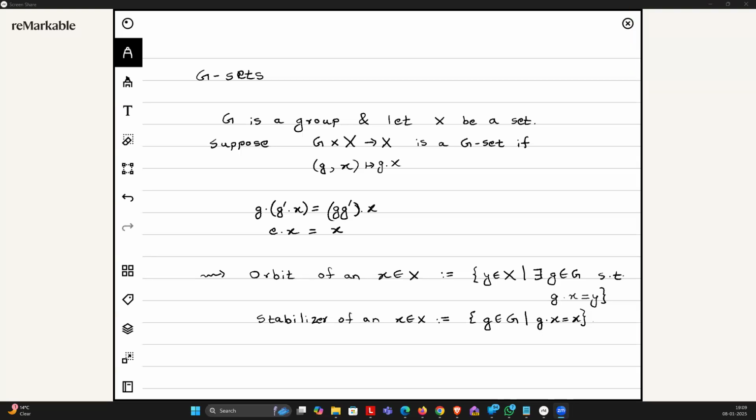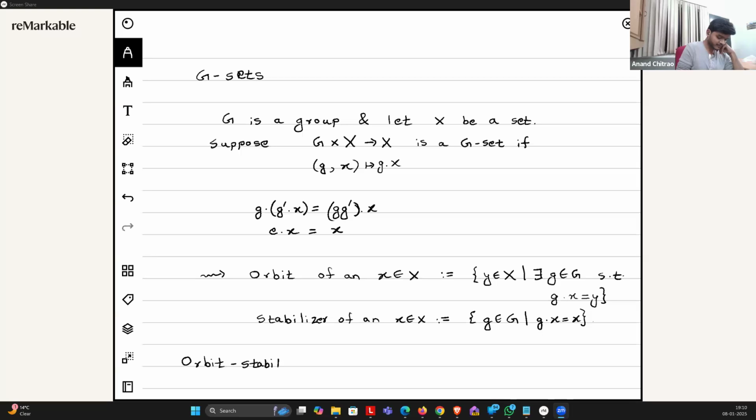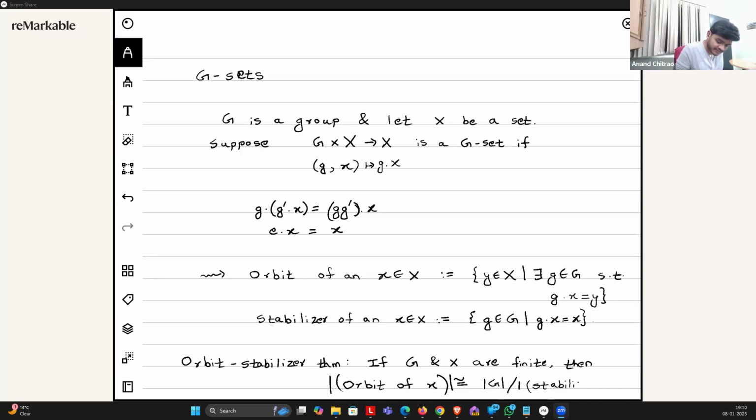Now the orbit stabilizer theorem says if G and X are finite, then there is a bijection between the orbit of X and cosets of the stabilizer, so the cardinality of the orbit of X is equal to the cardinality of G divided by the cardinality of the stabilizer of X. That's it.